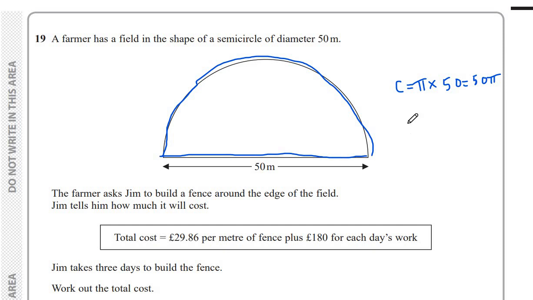But before that, we need to halve the circumference because this is only a semicircle. So that is 25 pi plus 50 meters for the diameter. That will be the total length of fence that he's going to need.